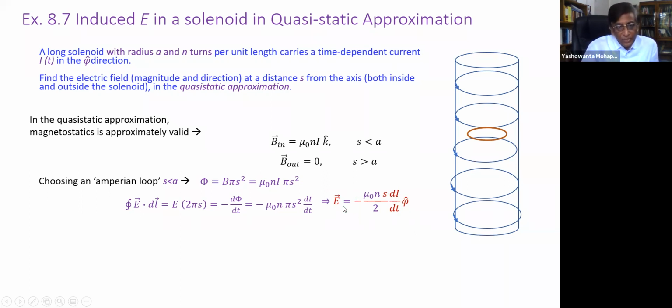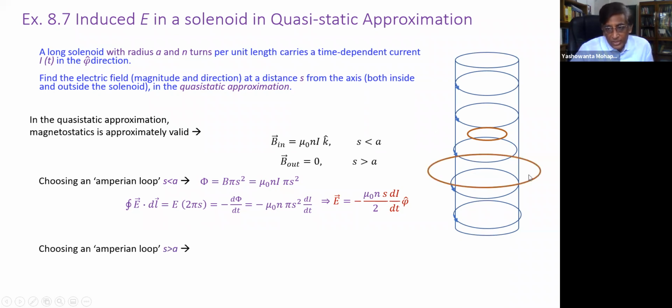So we have used the Amperian loop and the magnetostatic results, and that is allowed by this quasi-static approximation. Now choosing an Amperian loop which is outside, there is no magnetic field outside, but there is still flux crossing, just like the last example.